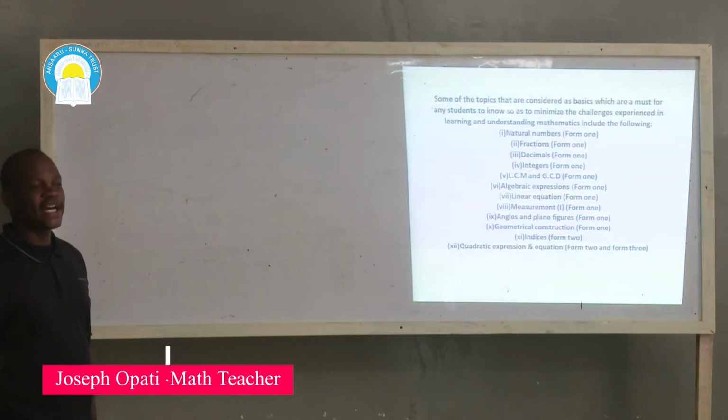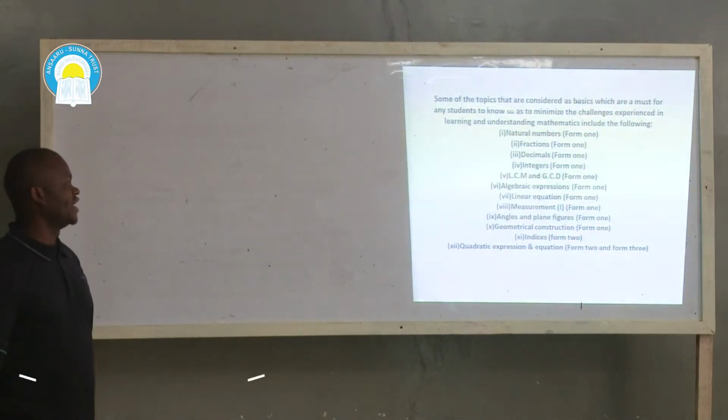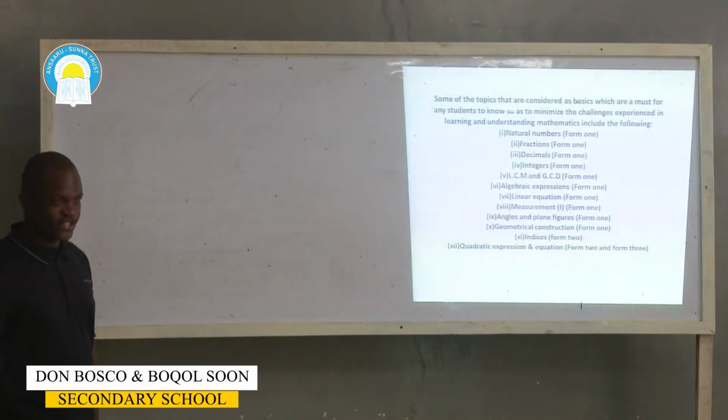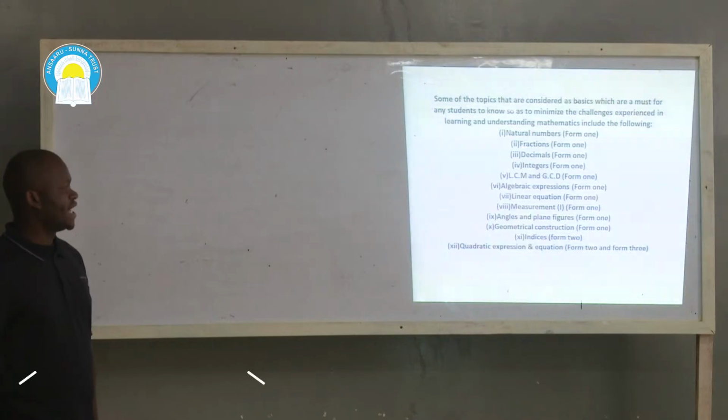We have algebraic expression, we have linear equation, still in Form 1, measurement 1, angles and plane figures, geometrical construction, all again in Form 1. Then we have indices in Form 2, quadratic expression and equation in Form 2 and Form 3.